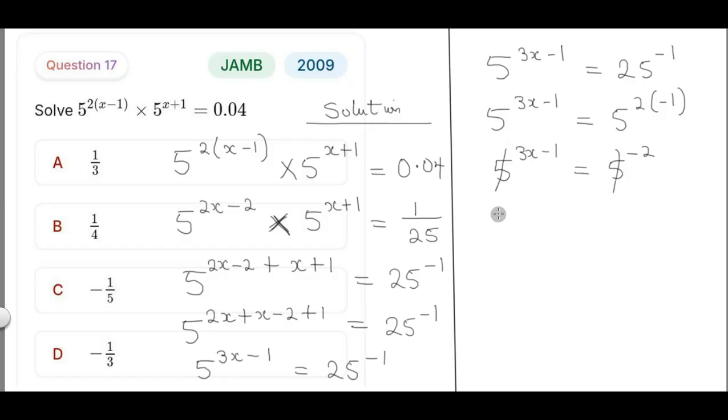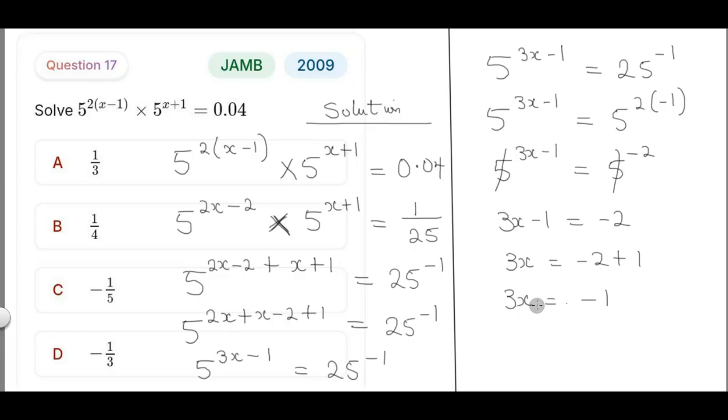What will be left is 3x minus 1 equal to minus 2. What I will do next is take this minus 1 to the other side of the equation. When this minus 1 crosses, it becomes plus 1. So this will be 3x equal to minus 2 plus 1, which gives minus 1.